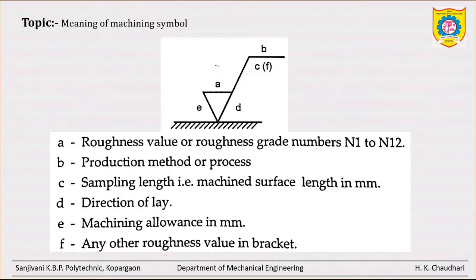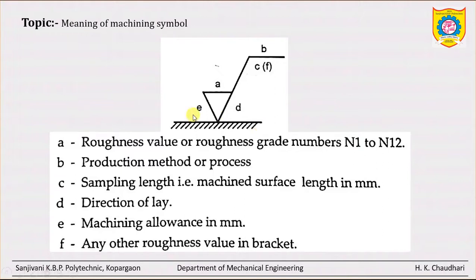So the roughness index is given in micron. It varies from 0.025 micron to 50 micron. So all the surfaces obtained from such machining processes will have such a roughness index.